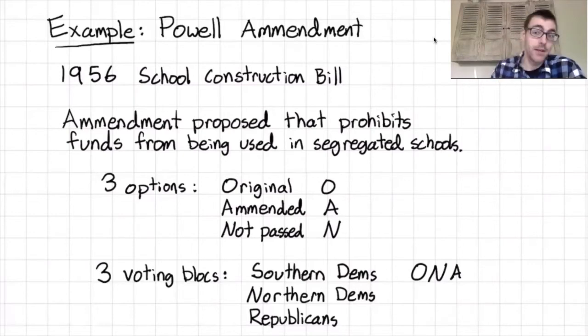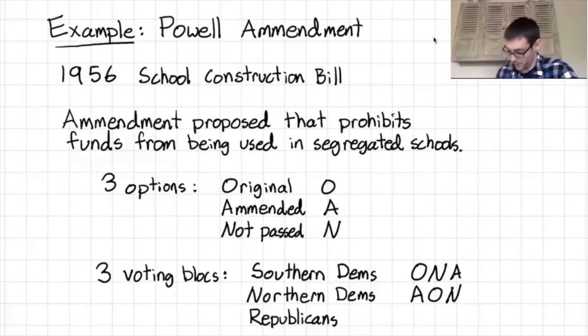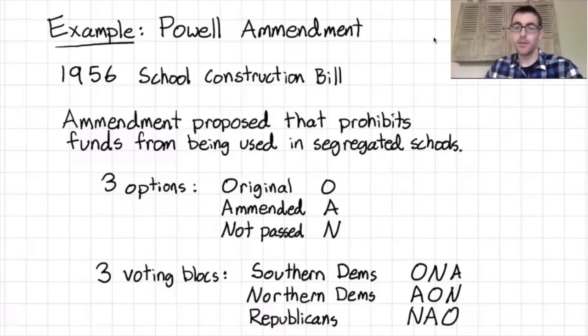The Northern Democrats liked the amendment, and if they couldn't get the amended version, then the original would be fine. And then lastly, they would want it to not pass. Republicans did not want this bill to pass, but if it did pass, they'd prefer it to be the amended version, likely because there would just be less money spent. And then lastly, the original version.